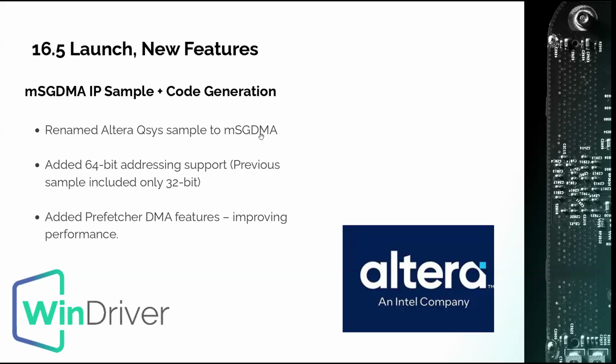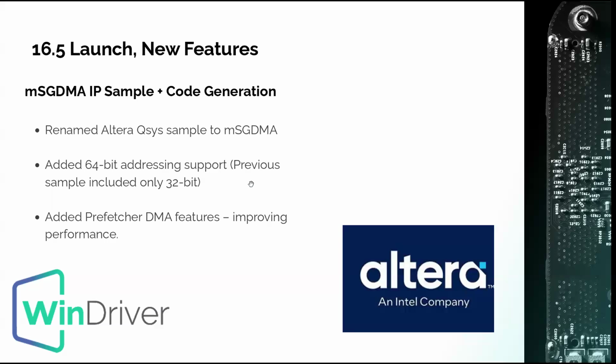We added a couple of more modern features like 64-bit addressing, because the previous sample only included 32-bit. And we've added prefetcher DMA features. This is a great improvement to performance because now you can give a lot of descriptors ahead of time to the DMA controller, and that allows the performance to be much, much better with this IP.